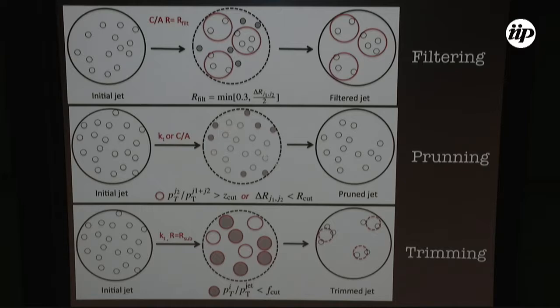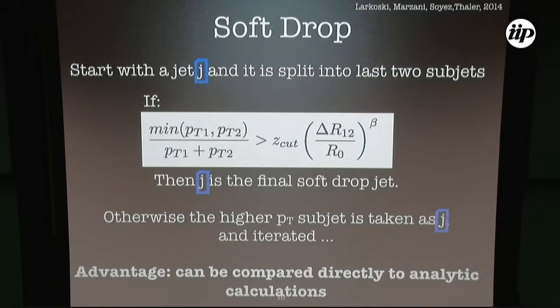So these are the 3 standard algorithms we have been using, but it's not very recent, but we are slowly moving to soft drop. One of the reasons is that soft drop is analytically calculable, so you can actually do this experimentally and compare to your analytical results. In fact, I'll show some CMS results on that.